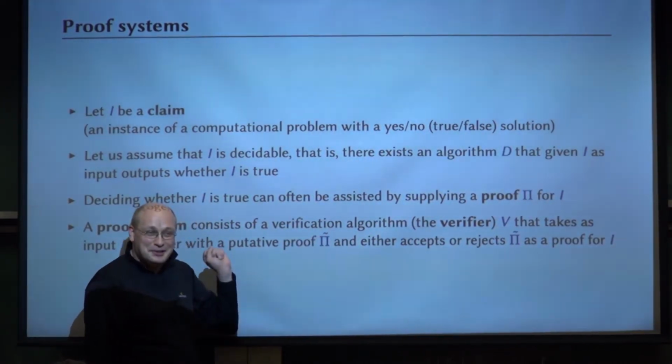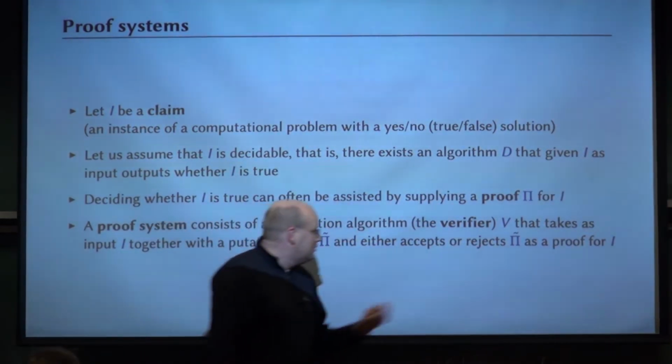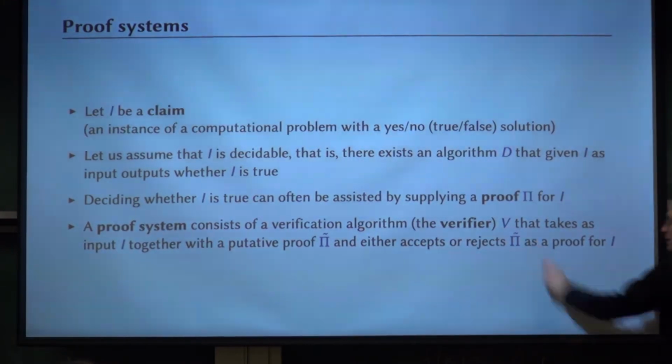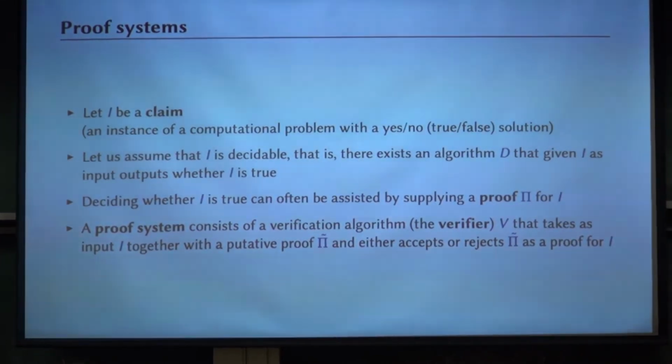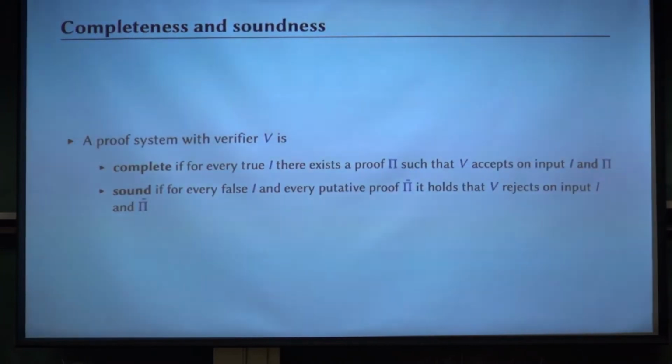Notice it's a pi tilde, not pi, so it may or may not be correct. Then the verifier is supposed to either accept or reject this pi tilde as a proof for the claim I. Now we need to put some requirements on what the verifier needs to satisfy so that this is actually a proper proof system. But this is basically the setup that we will be looking at.